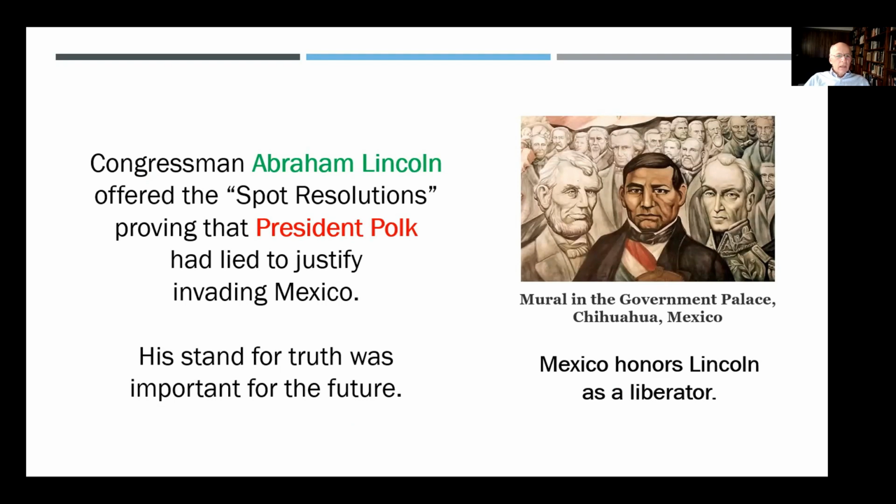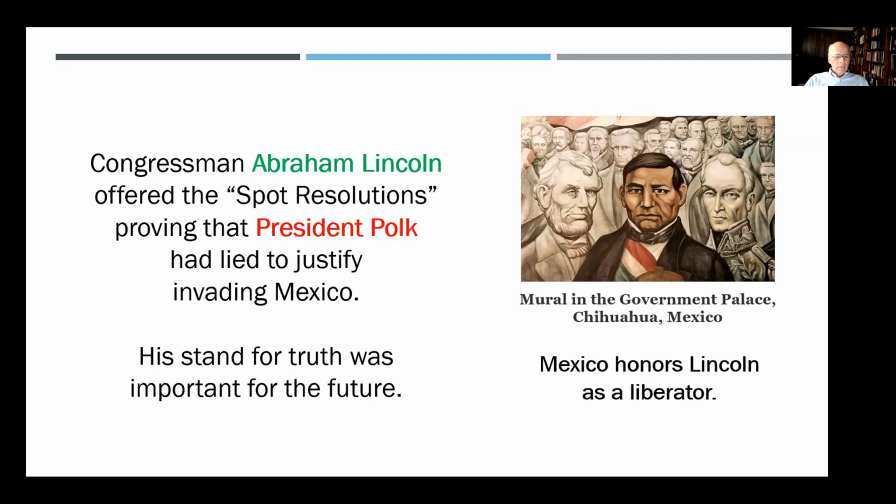In Congress, Lincoln offered his famous spot resolutions that proved the president had lied when he told Congress that Mexico had invaded the United States and we had to go and defend ourselves by moving troops into Mexico. He lost popularity in Illinois and elsewhere because of standing up against this mainly popular war.